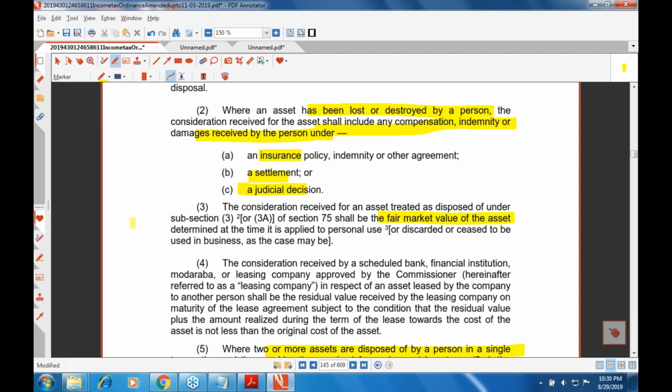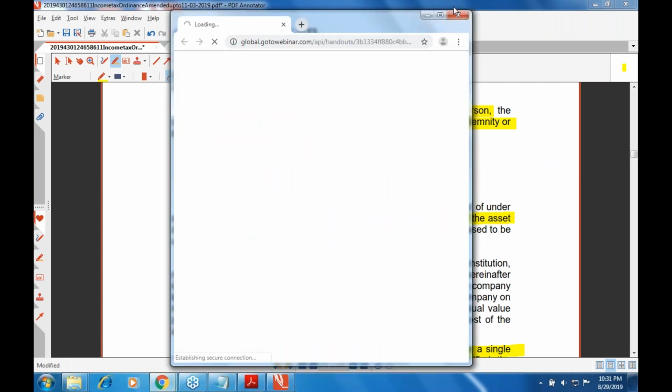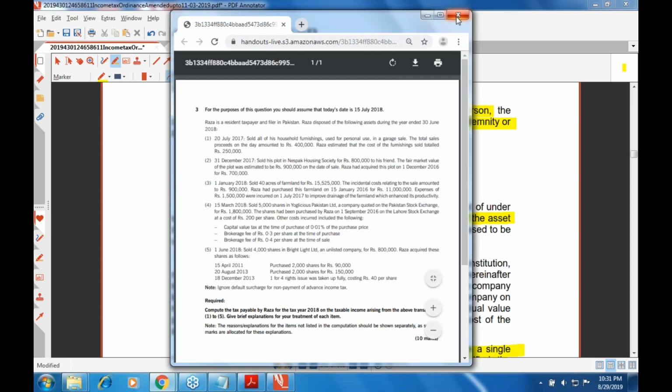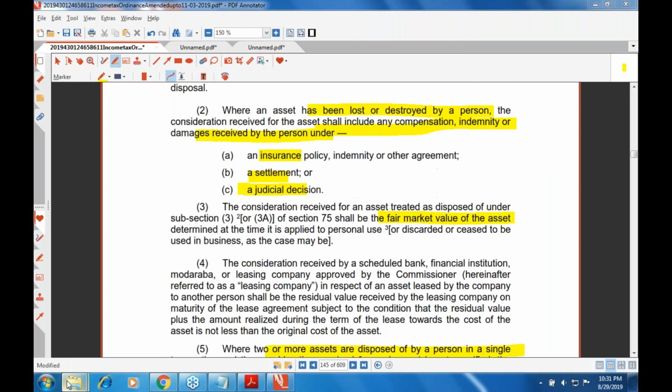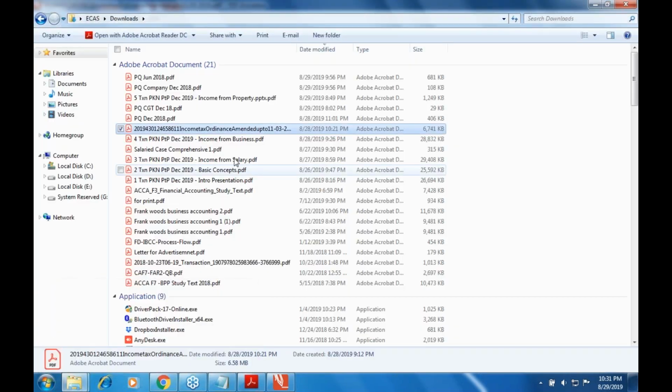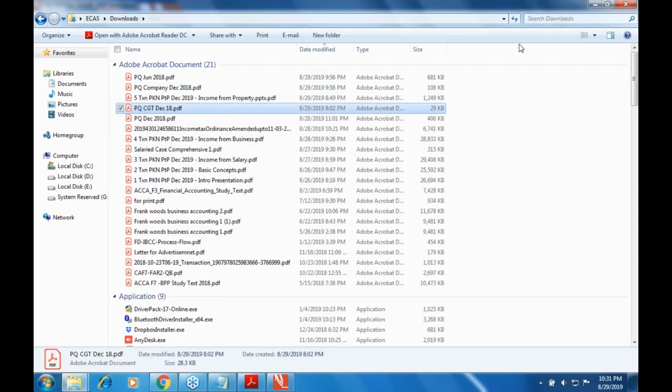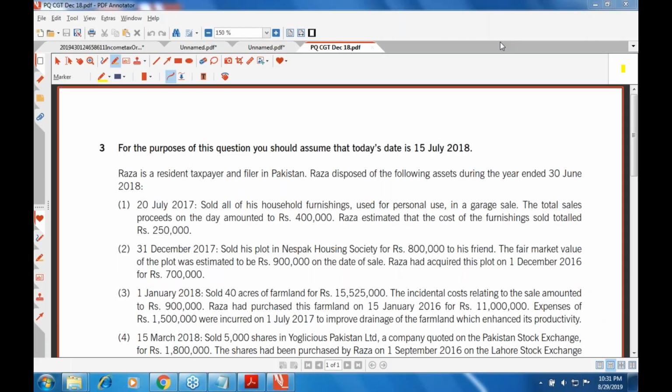Now, we'll keep these concepts in mind when we attempt one of the questions. You have a question with you under the handout section, and that's a practice question, capital gain tax, December 2018. Let's open up this question.